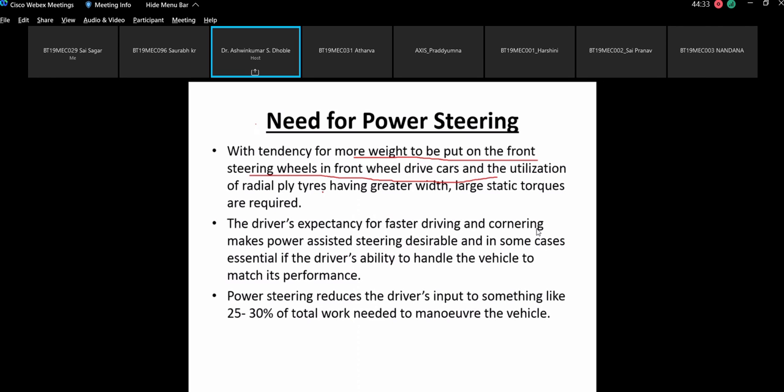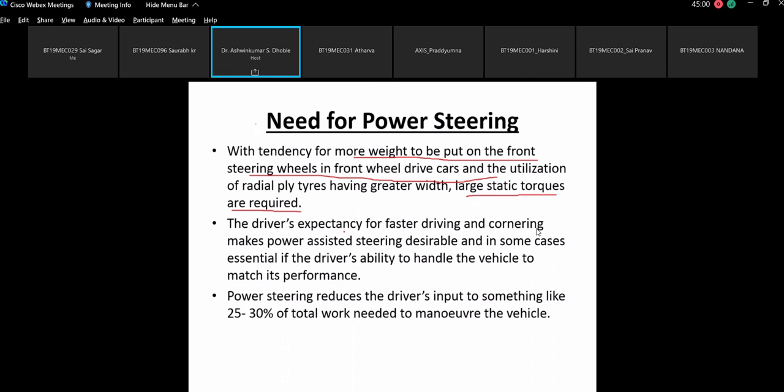That means you are putting more weight on the front axle. If the normal reaction is more, then your frictional force, mu into N, that is basically static friction, will be large. So you will not be able to steer the vehicle after a particular angle. That is why it says that large static torques are required. That means you have to be a bodybuilder.